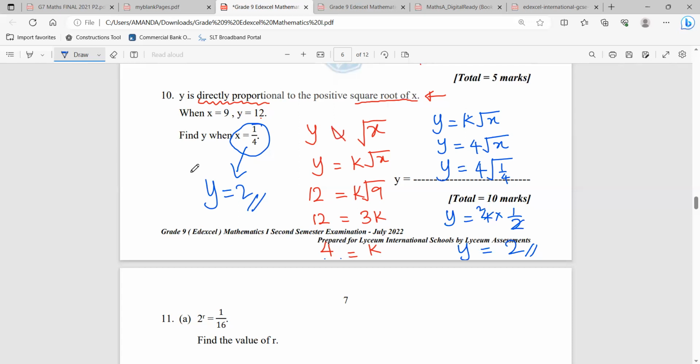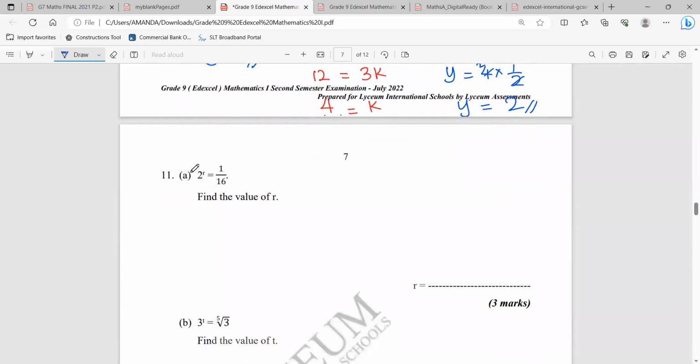And now I'm taking you to question number 11. Okay. 2 to the power r equals 1/16. Right, 1/16. Okay. Now this looks confusing.